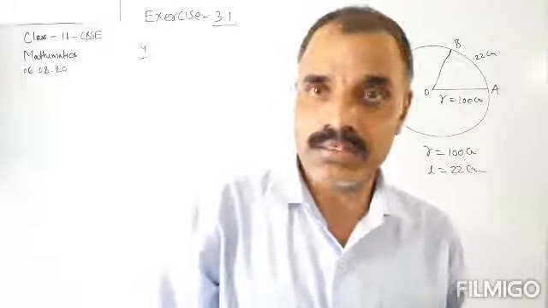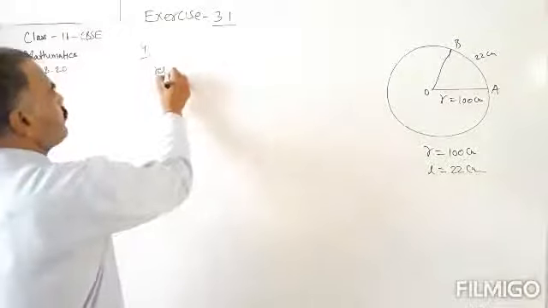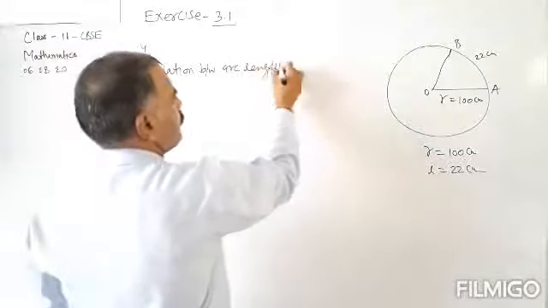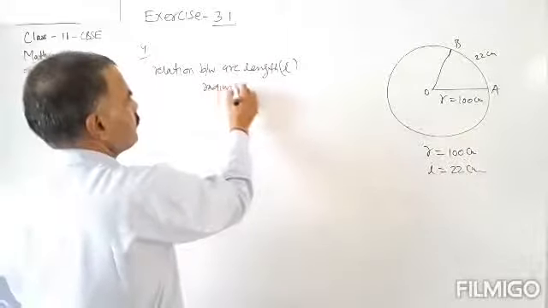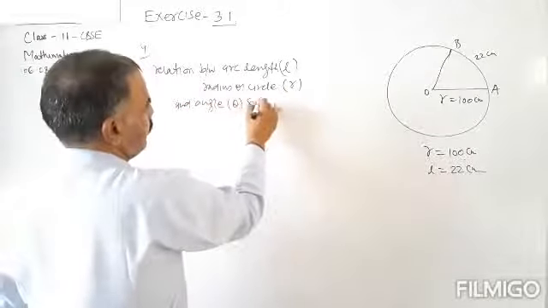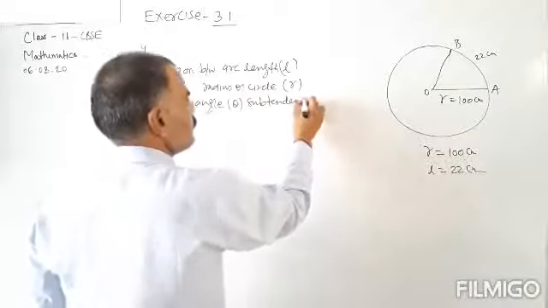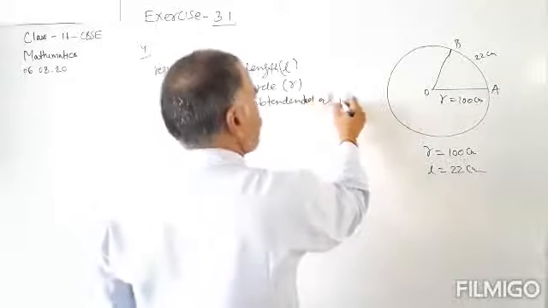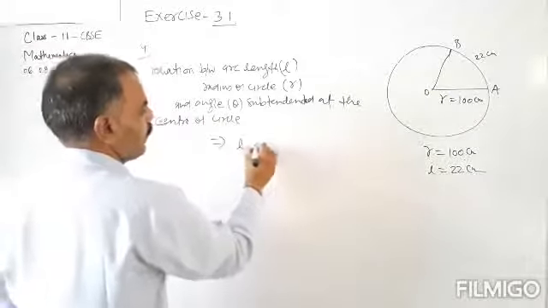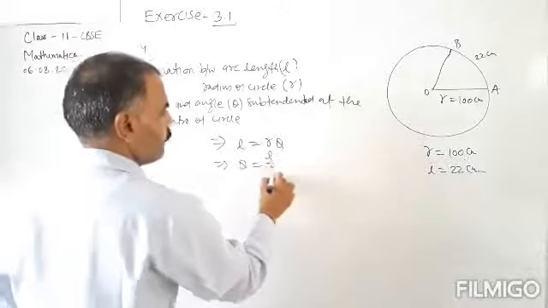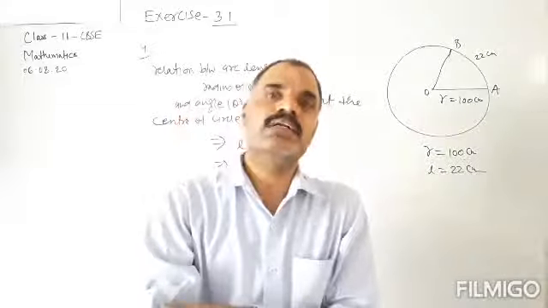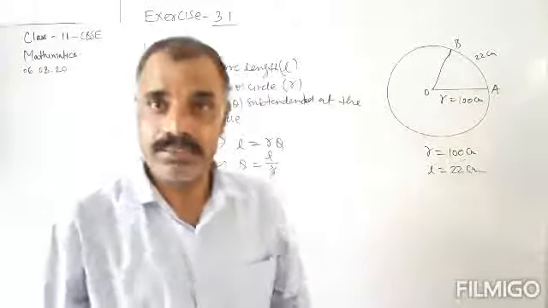The relation is L equals R theta, which means theta equals L upon R. Angle equals the length of the arc divided by the radius.